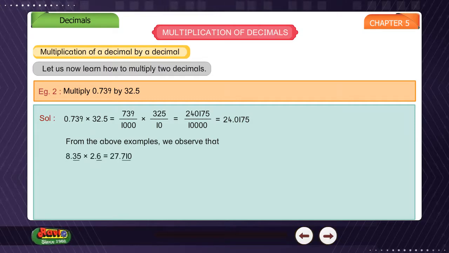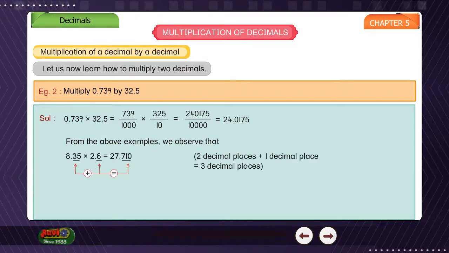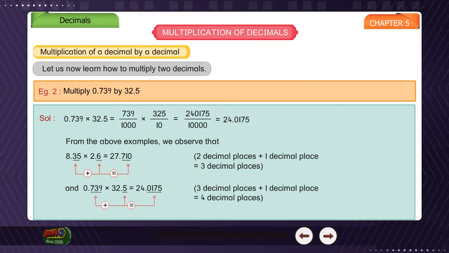8.35 into 2.6 is equal to 21.710. 2 decimal places plus 1 decimal place is equal to 3 decimal places, and 0.739 into 32.5 is equal to 24.0175. 3 decimal places plus 1 decimal place is equal to 4 decimal places.